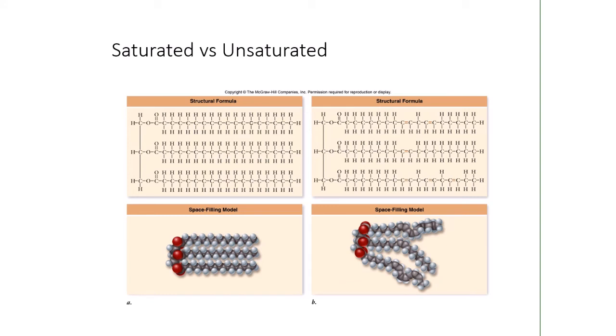If you look at coconut oil, coconut is a plant, of course, and coconut oil is a plant-based fat, and those are actually solid at room temperature. But generally speaking, unsaturated fats are liquid at room temperature, but saturated fats are solid at room temperature.